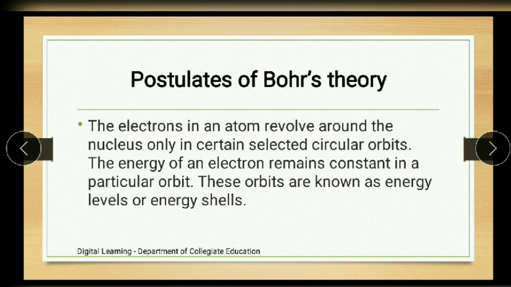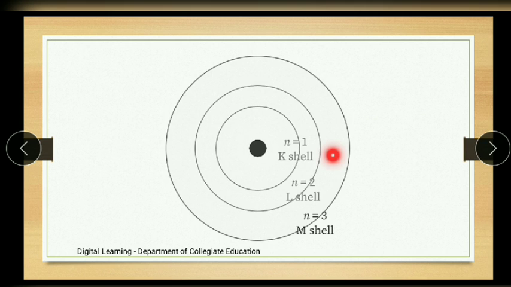Firstly, the electrons in an atom revolve around the nucleus only in certain selected circular orbits. The energy of an electron remains constant in a particular orbit. These orbits are known as energy levels or energy shells. These orbits can be represented like this.